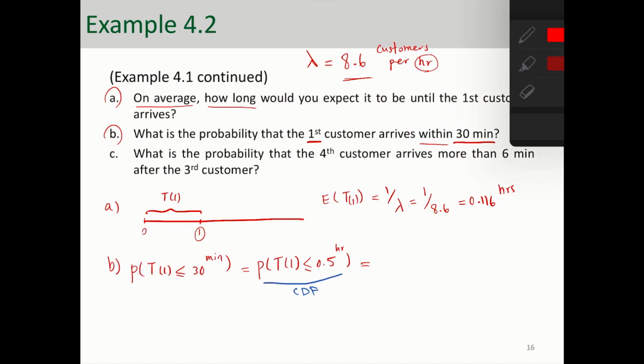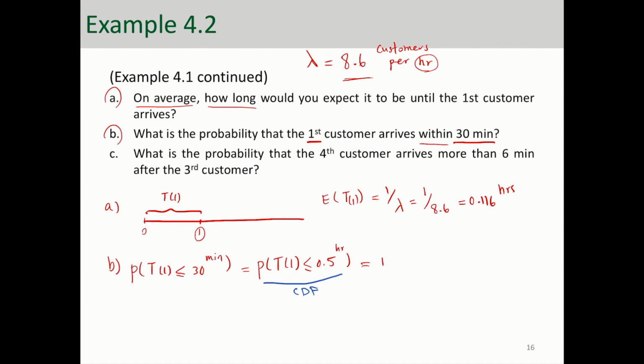So we're going to use that and just replace the parameters. Now here it is 1 minus e to the negative 8.6 times 0.5, which is going to be 0.986, about 98.6% chance that you see the first customer within 30 minutes. Very high chance.